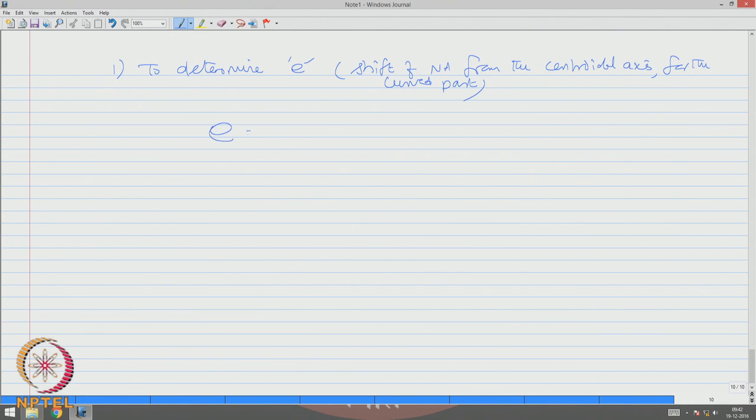We know the equation e is given by r minus r square by twice of r minus root of r square minus r square. Let us substitute 50 minus 25 square by twice of 50 minus root of 50 square minus 25 square.